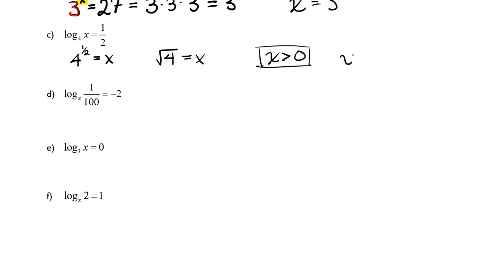That's a rule we already talked about. So that means that x can only equal 2. If I have x raised to the -2 equals 1 over 100, I need to figure out now what x equals, because my base is now the unknown.